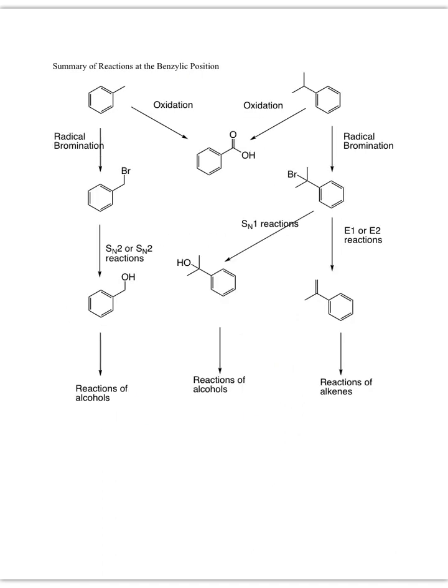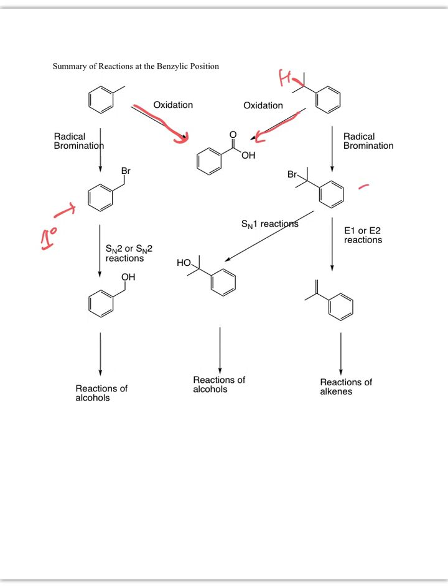So what can we do off of an aromatic ring? We can oxidize the benzylic carbon as long as there is one hydrogen on it to the benzoic acid. We can brominate it as long as there is a hydrogen on the benzylic carbon to the brominated compound. If it's a primary bromide, we can do an SN2 reaction, and then from there we can carry on with the reactions of alcohols that we learned in the last chapter.